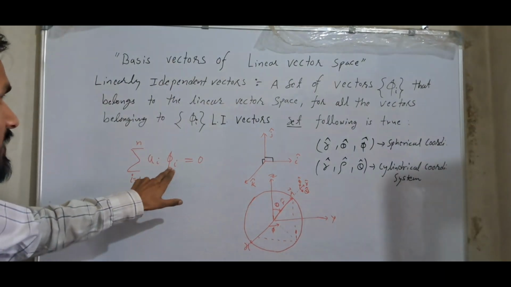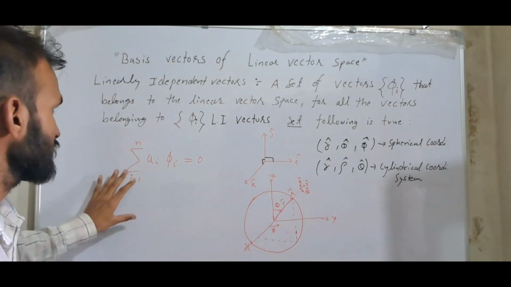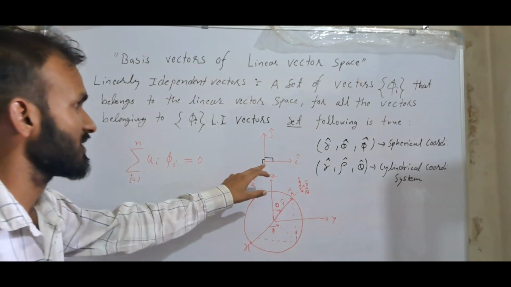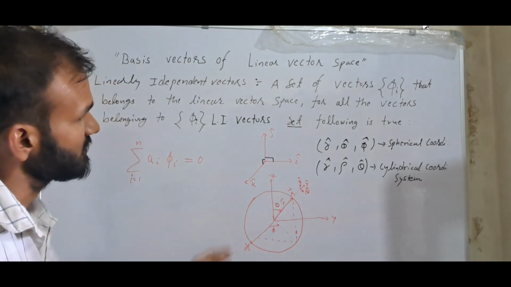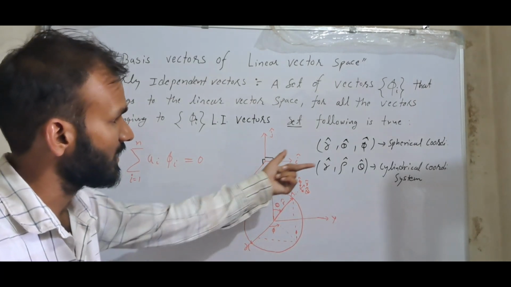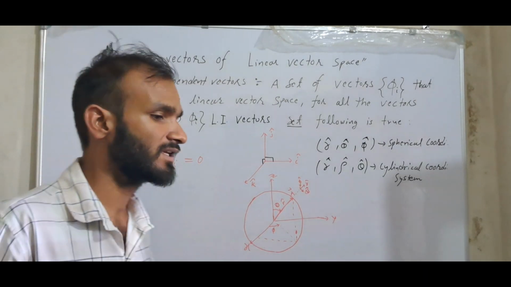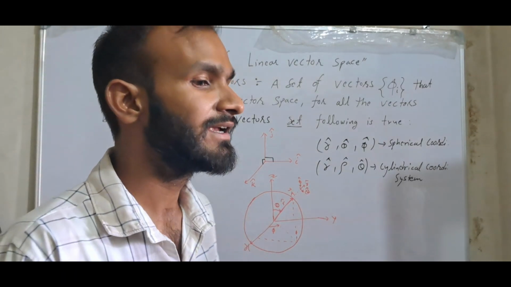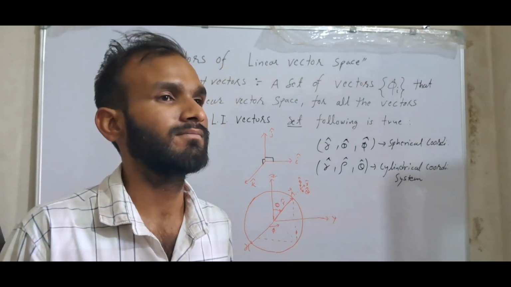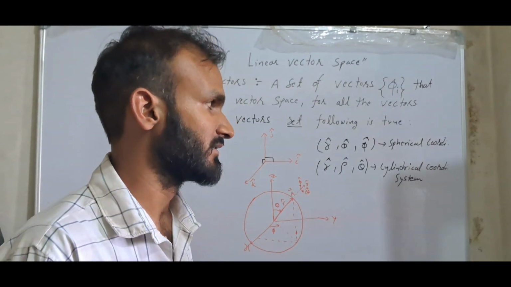Here is a_i and phi_i, that relation. This relation is followed by these i, j, k, and also by r, theta, phi. By this we can understand what is meant by linearly independent vectors.